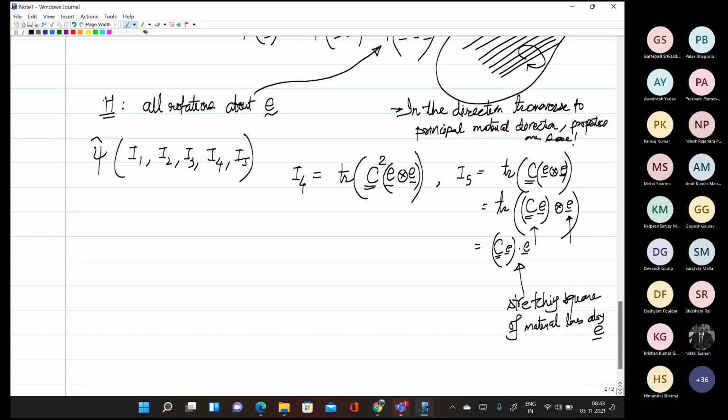It's the stretching of the material lines along E. And that's also an invariant under this transformation. And what about I4? What's the physical meaning of I4? This is something I will leave it to you to figure out. And this could come in, let us say, a quiz or in the exam.